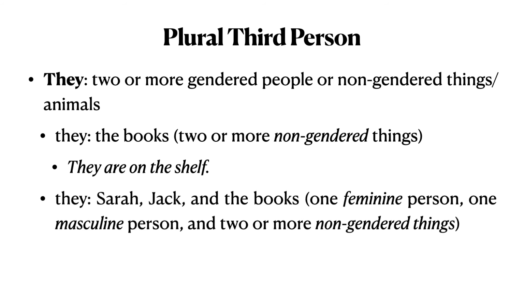Here we have Sarah, Jack, and the books. So we have a feminine person, a masculine person, and some non-gendered things. They are in the bookshop.